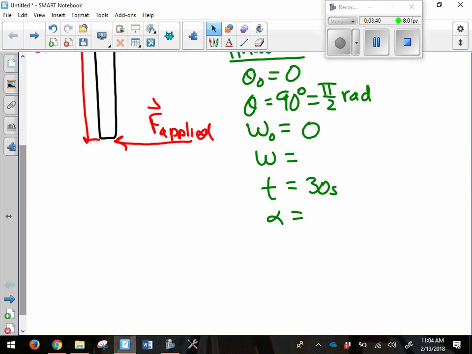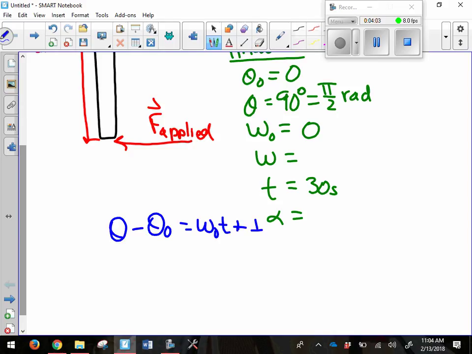So what's my equation here that I'm going to use to find alpha? Oh, I can do it that way. Good. Okay.